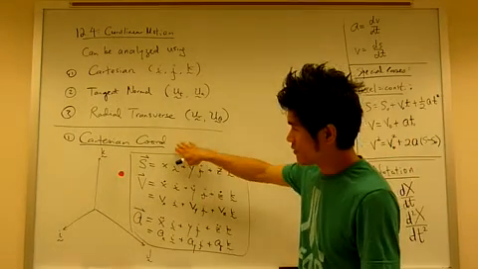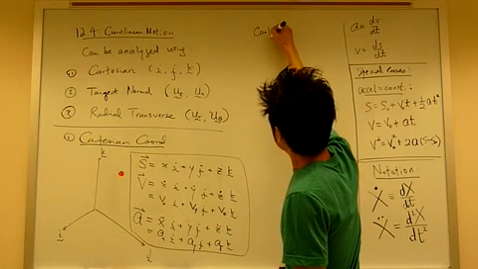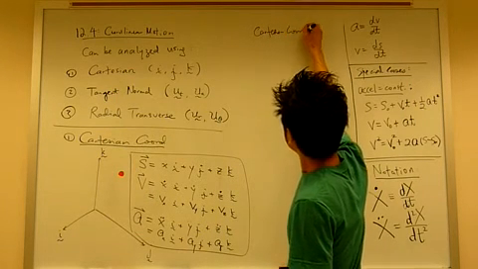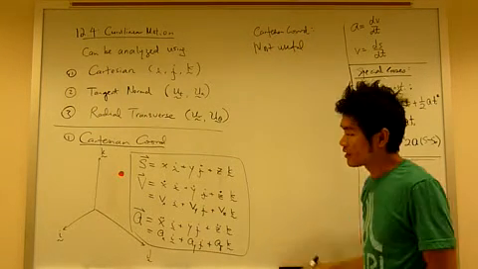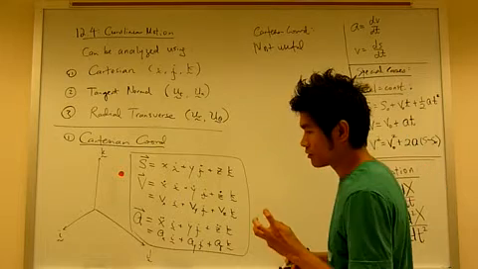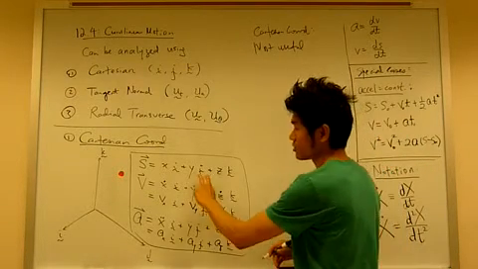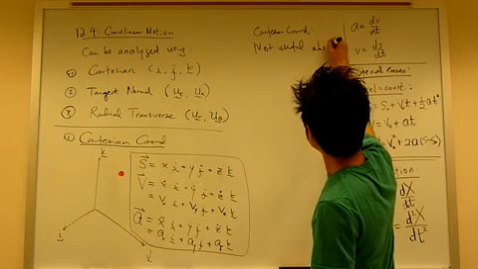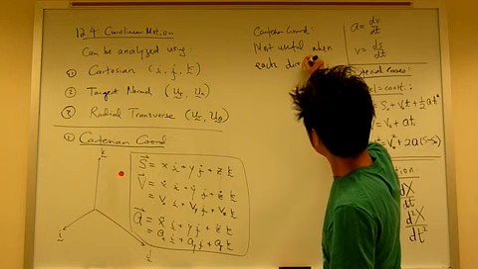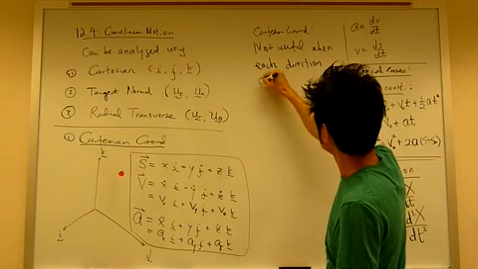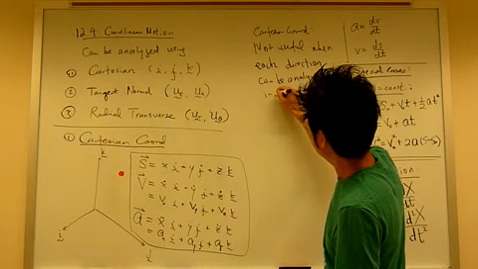The Cartesian coordinate system is most useful when you're trying to analyze the type of motion where the motion in each direction can be analyzed independently.